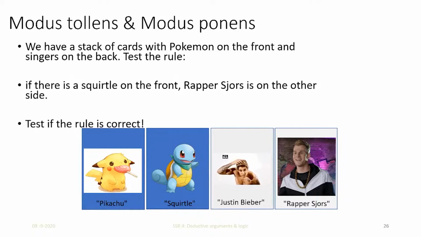We have to turn Squirtle to see if the rapper is on the backside. And Justin to see if maybe Squirtle isn't on the backside of Justin to falsify the statement. Yeah, indeed. Thank you. That's an excellent answer. It's the correct answer, and that's the correct justification as well.